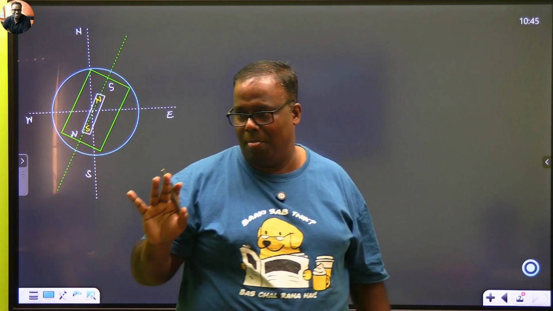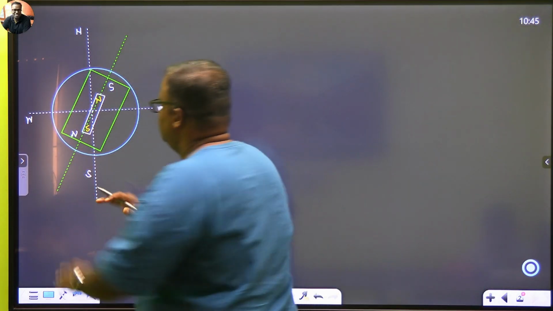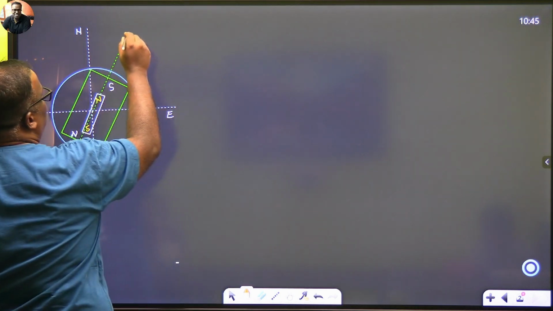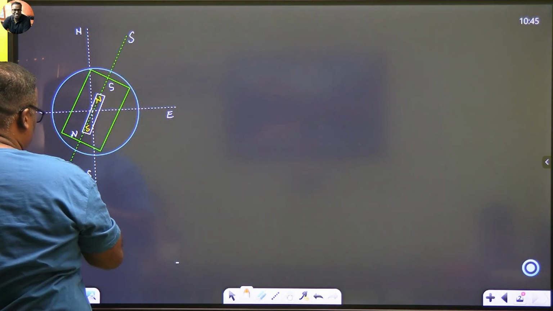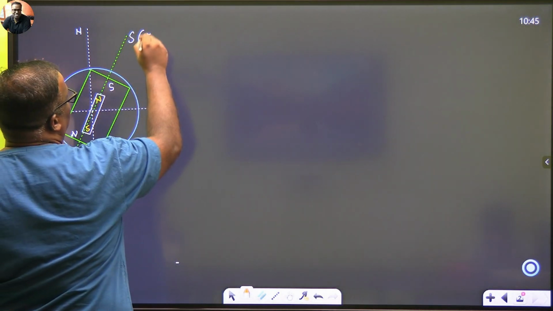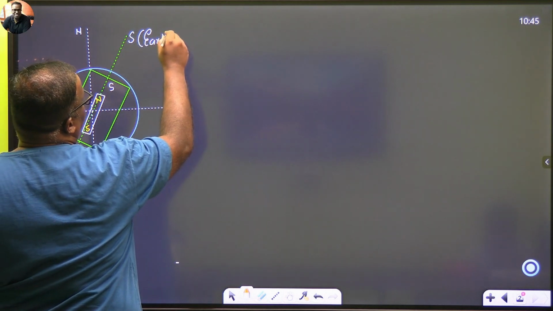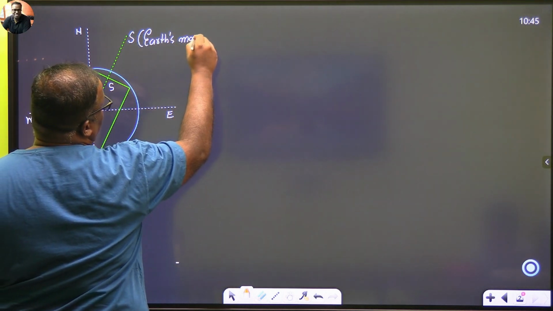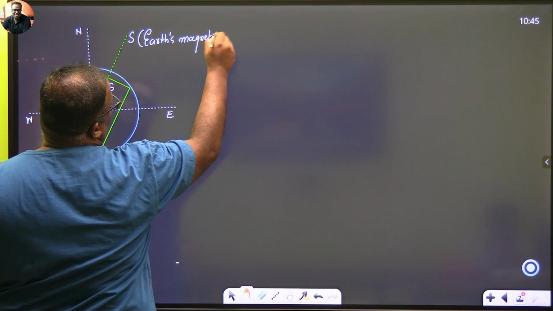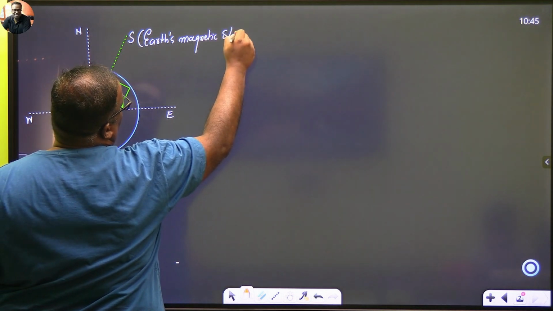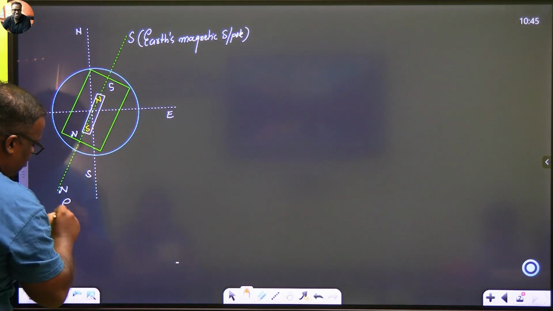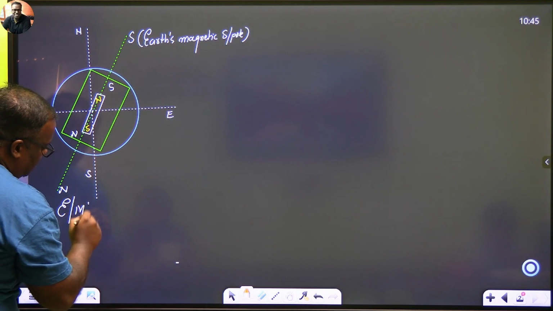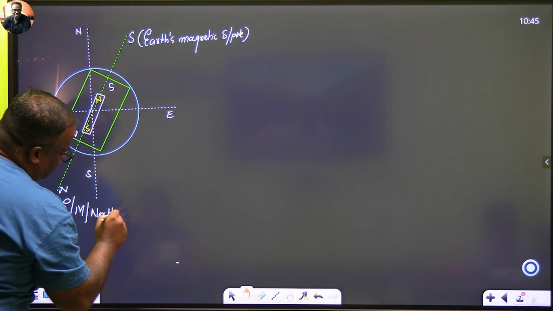Science says so. Have you understood? So this is the magnetic axis, this will be the South Pole and this will be the North Pole. So this is known as Earth's magnetic South Pole and this is Earth's magnetic North Pole. Have you agreed?